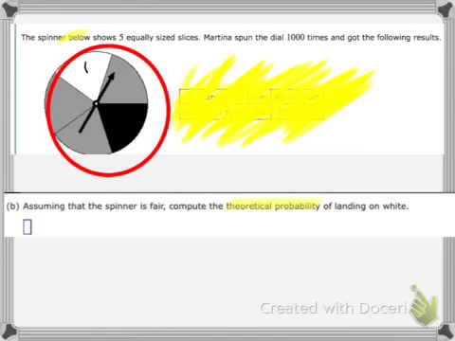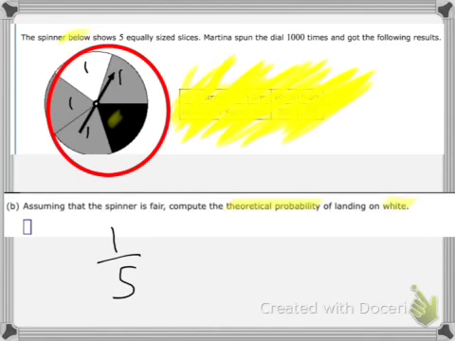We have 1, 2, 3, 4, 5 spaces. And it says landing on white. So basically, it's going to be 1 over 5.